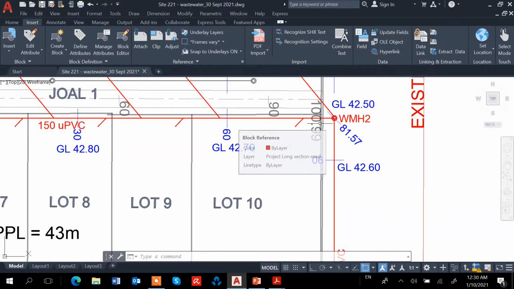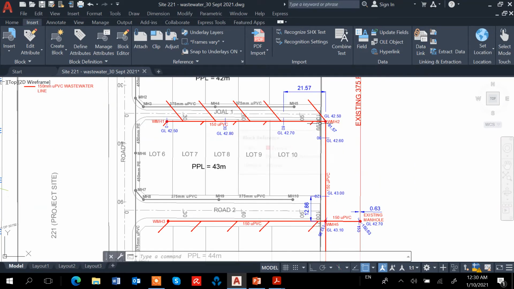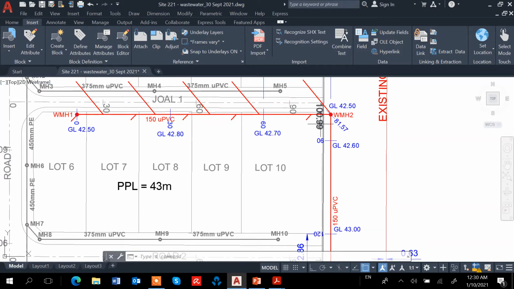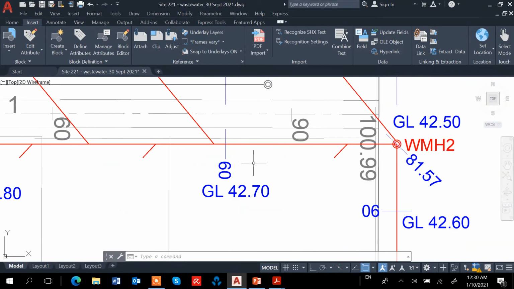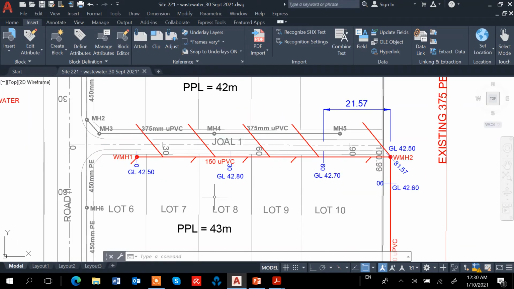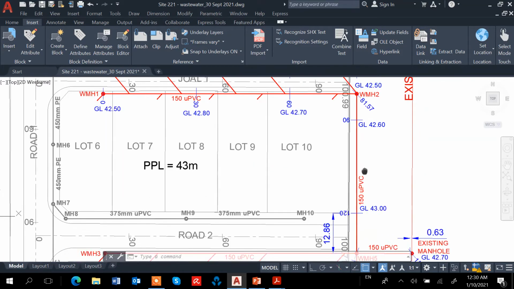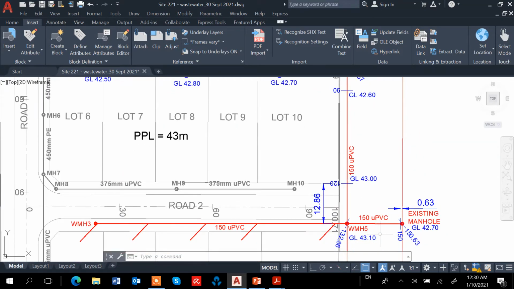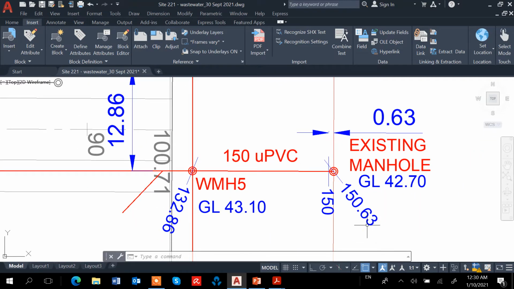Okay, so we need to mark out where the distances are. We try to find the chainage as well, like 0, 30, 60, 90, 120, and then 150, and the last one is 150.63.